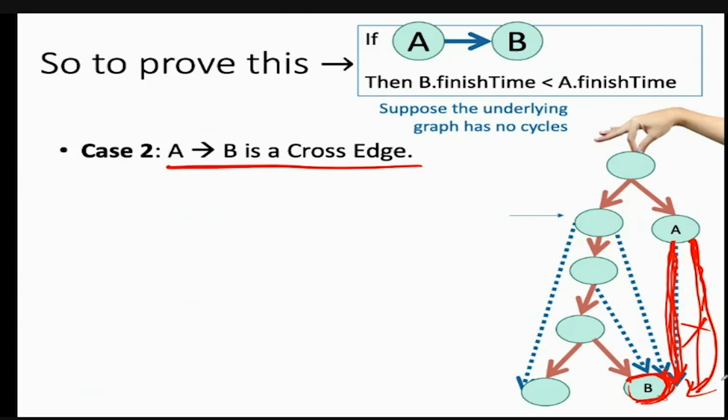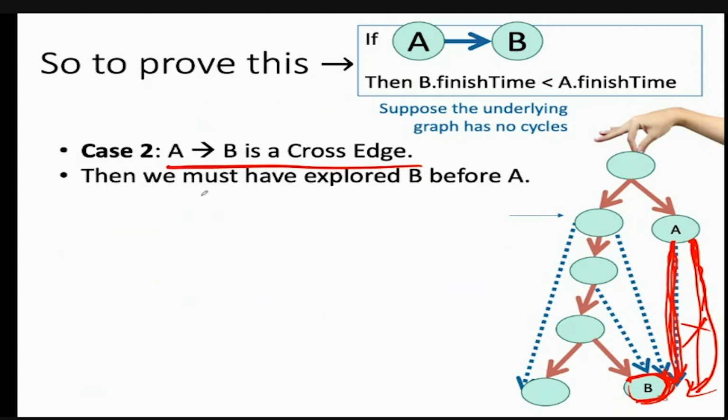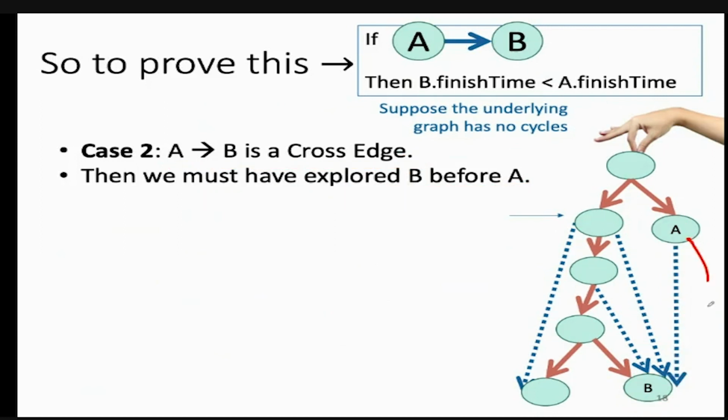So if A to B is a cross edge, then what we claim is we must have explored B before A. Why? So what we are claiming is we have explored B first and then A. Why does this happen? If we have explored A first, then we know that we have an edge from A to B, right?